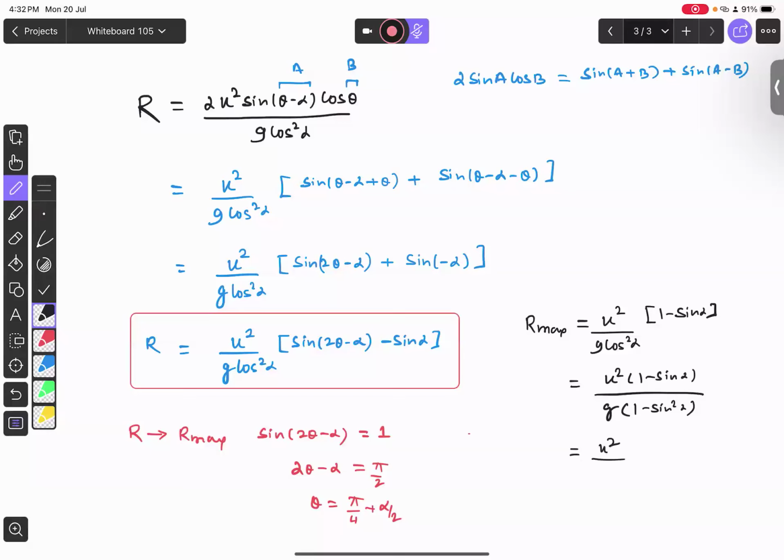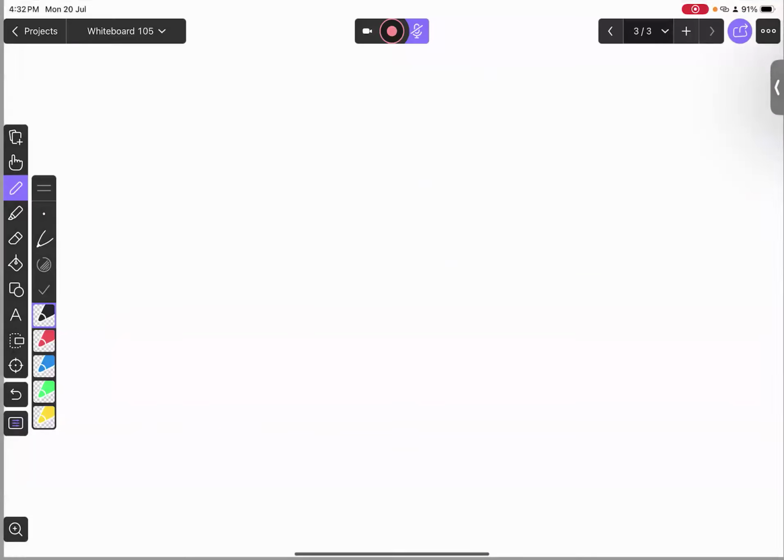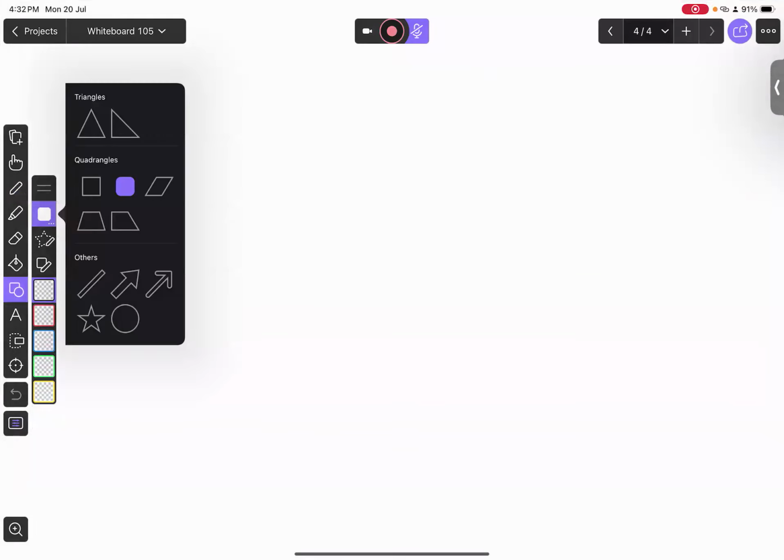So it becomes u square by g into (1 plus sin alpha). So the maximum range will be this much. For what angle? The angle of projection, that is pi by 4 plus alpha by 2. Clear, no? Now what else we can find is the maximum height it is going to achieve.